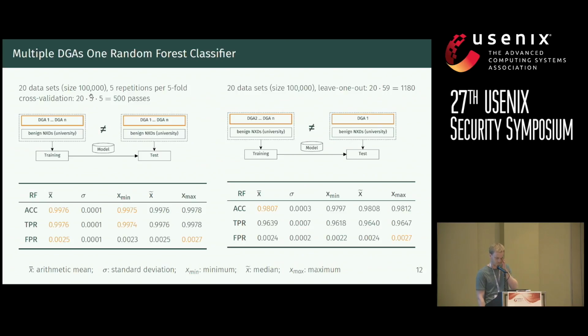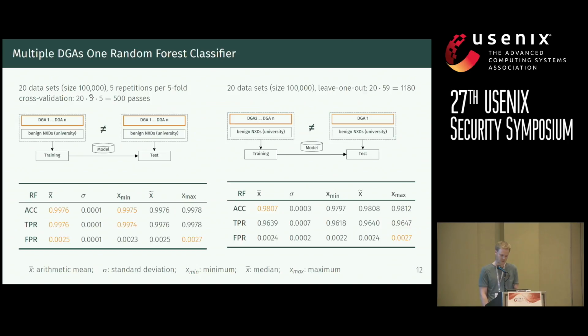This could, for example, look like this in a single pass: we train our classifier using domains of DGA2 to N and benign NXDs from the university network, and then try to predict a data set consisting of domains of DGA1 and benign NXDs of the university network.